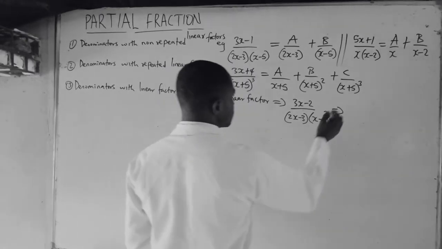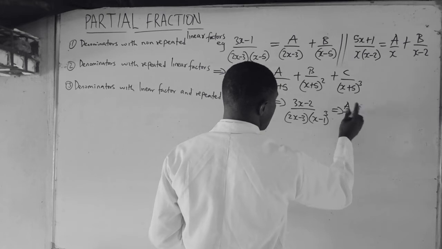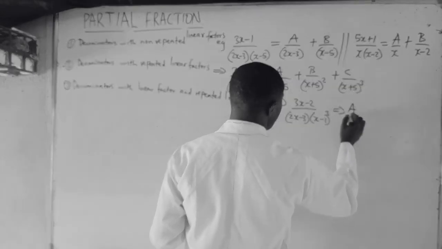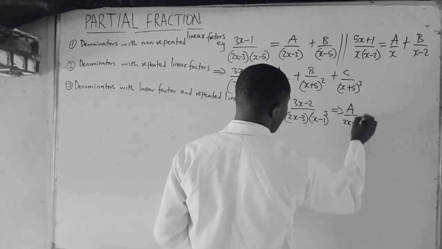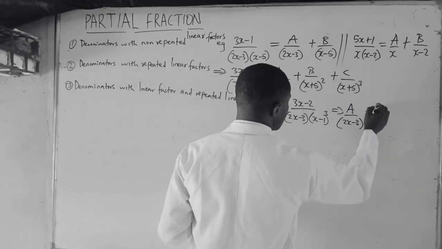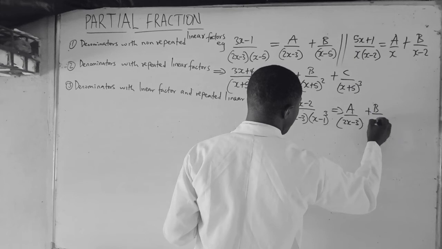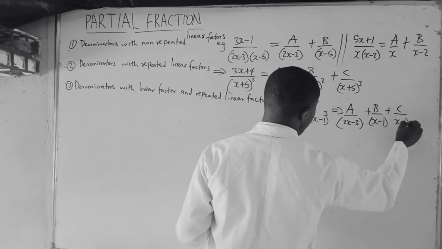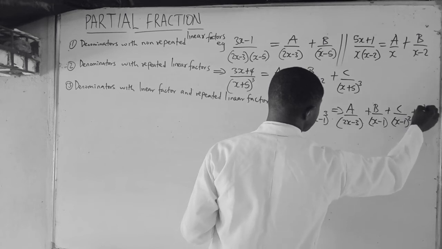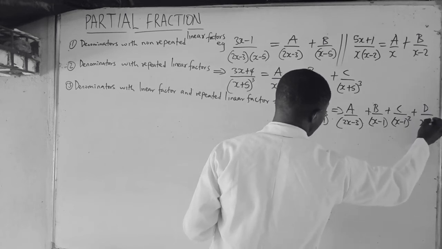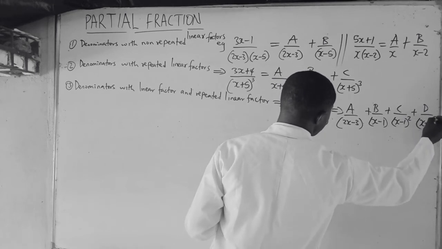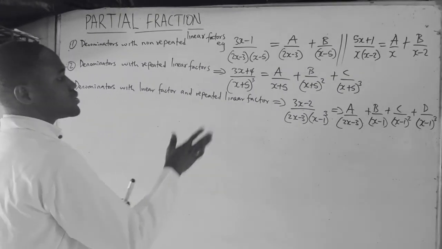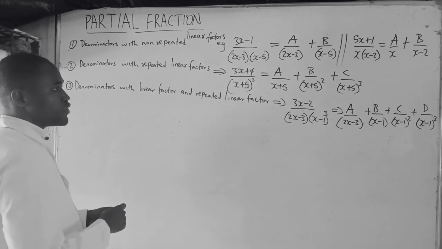The partial fractions of it will be A over (2x minus 3) plus B over (x minus 1) plus C over (x minus 1) squared plus D over (x minus 1) cubed. So that is how you can resolve it.